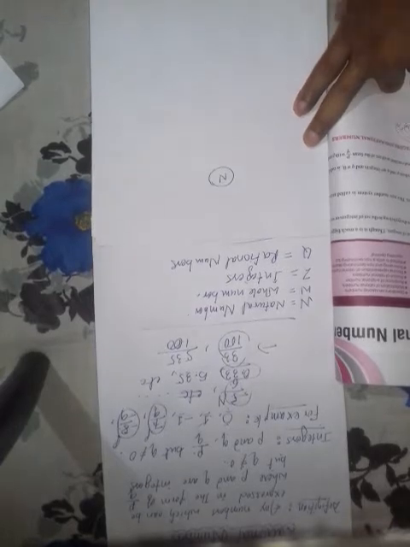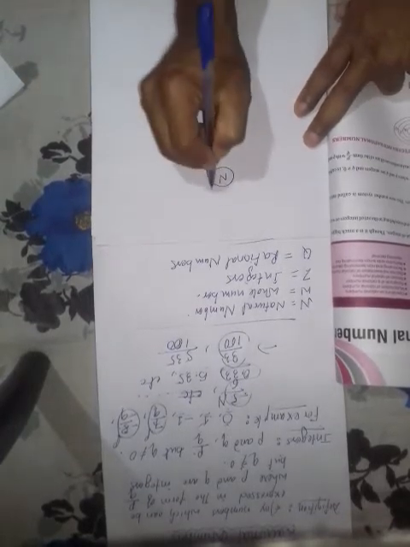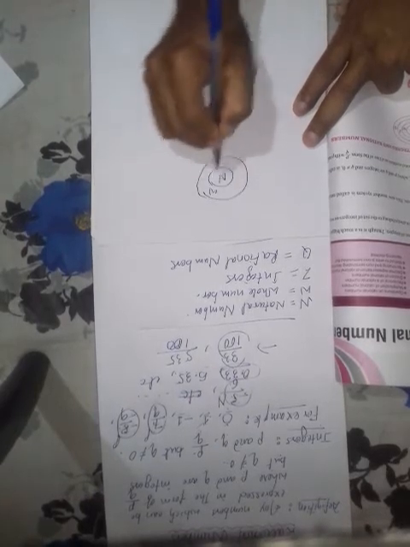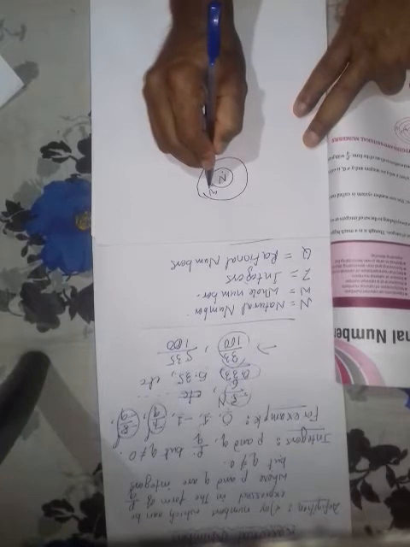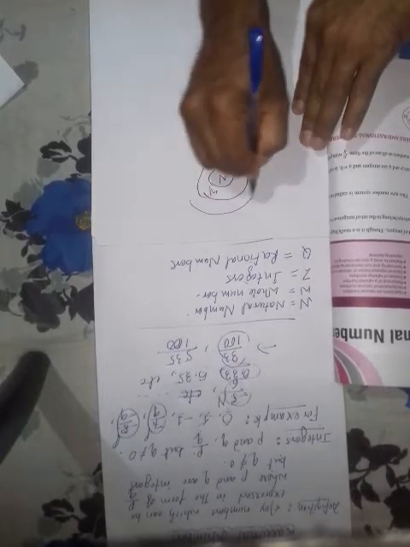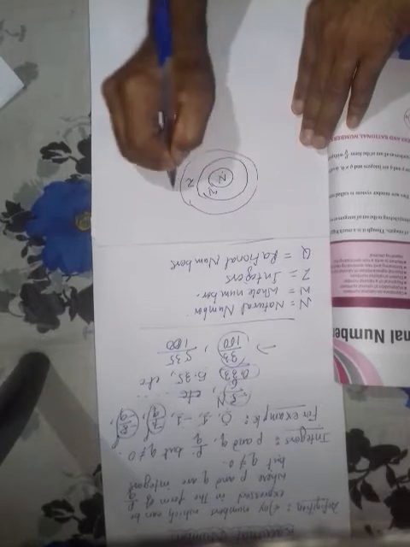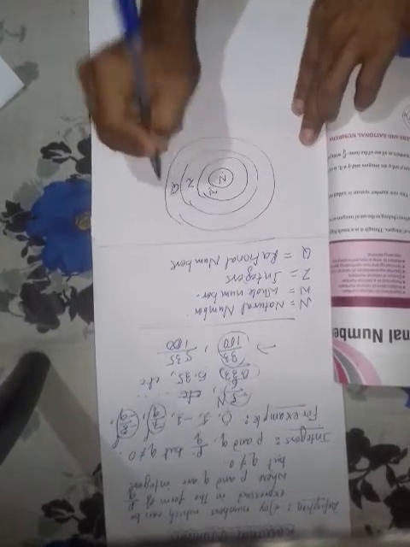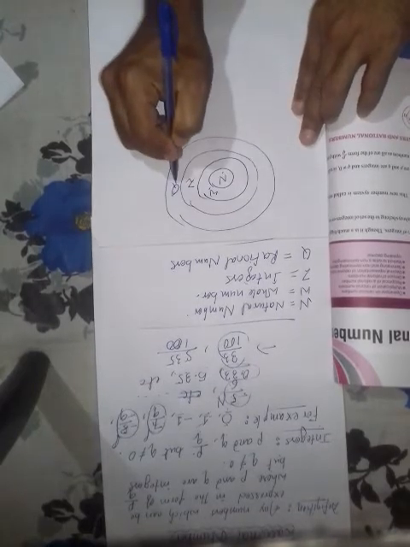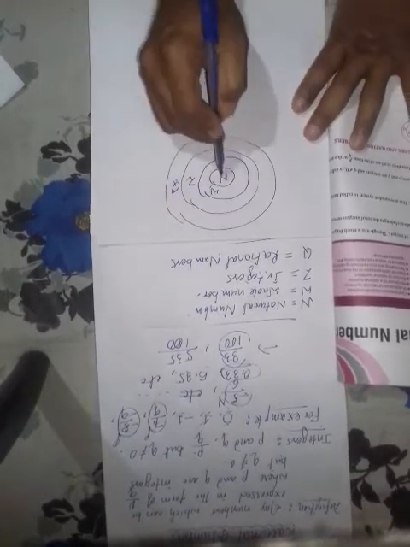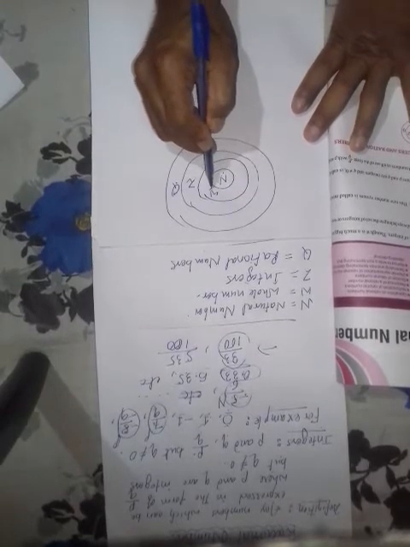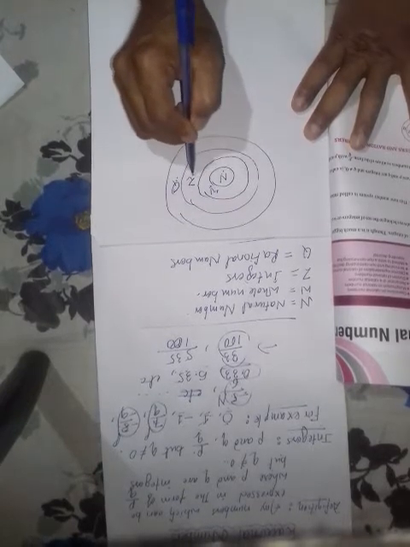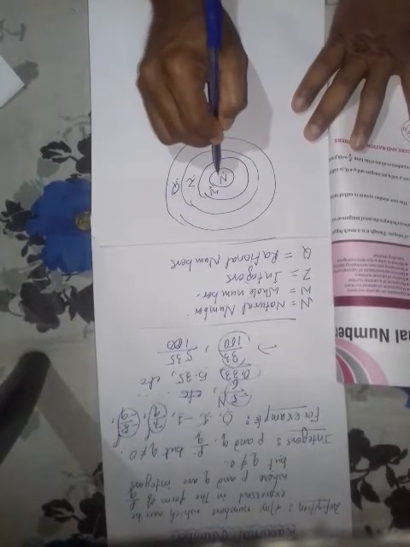N means natural numbers. The set of natural numbers forms part of whole numbers, means all the natural numbers are whole numbers. Now all the whole numbers are integers and all the integers are rational numbers, means all the natural numbers, all the whole numbers and all the integers are rational numbers, but not all the rational numbers are integers, whole or natural.